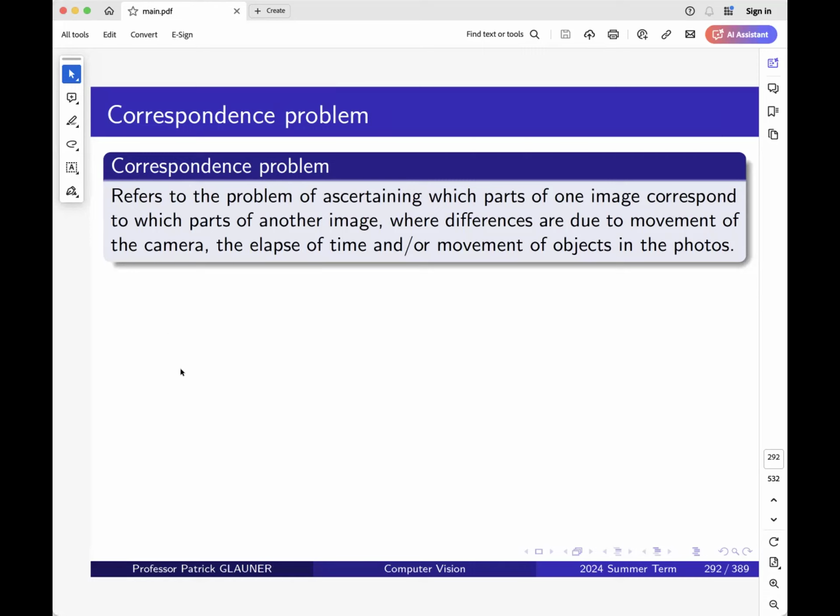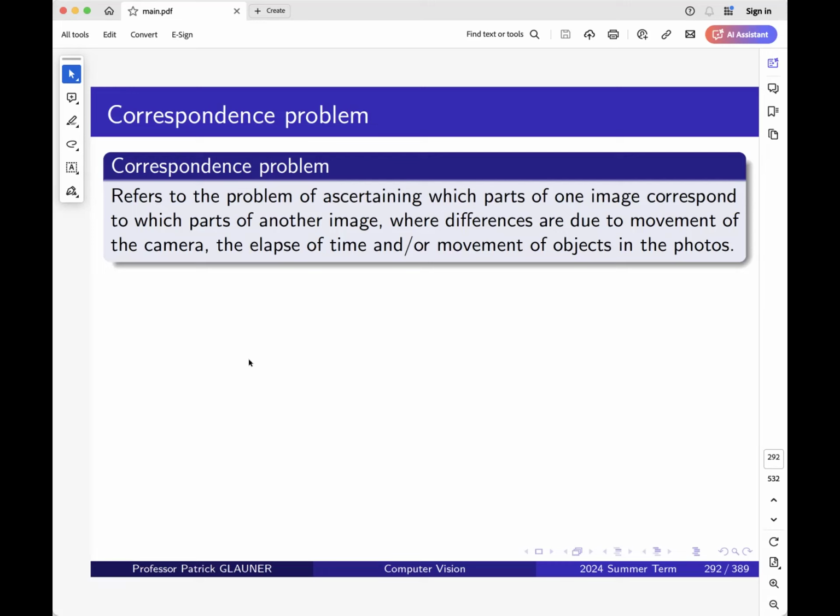The correspondence problem refers to ascertaining which parts of one image correspond to which parts of another image, where differences are caused by a movement of the camera, time having passed, or objects having moved. So time passes, objects move, or the camera moves.